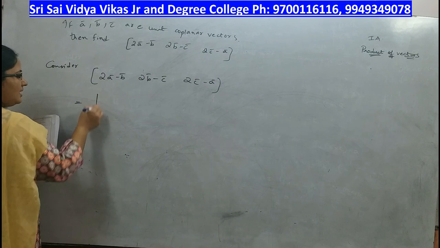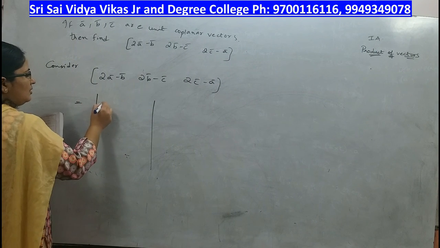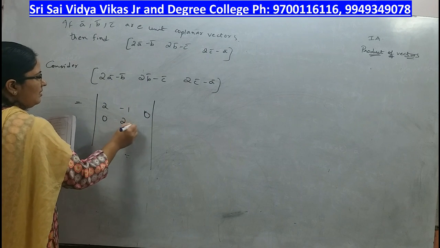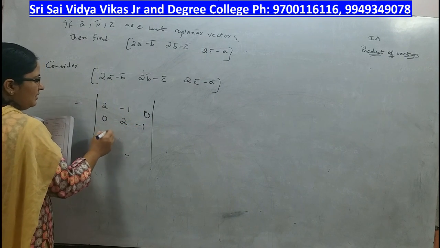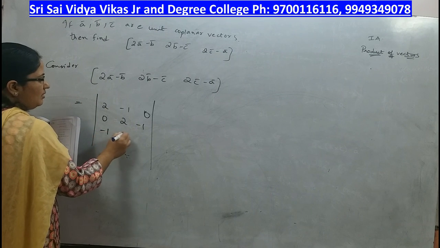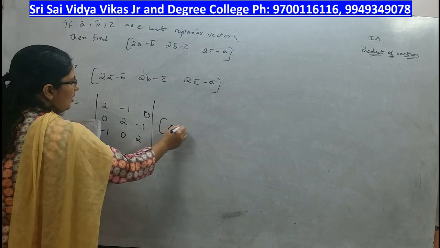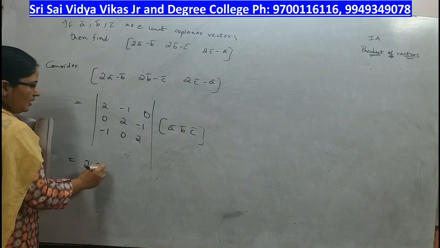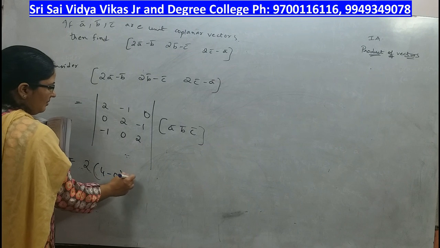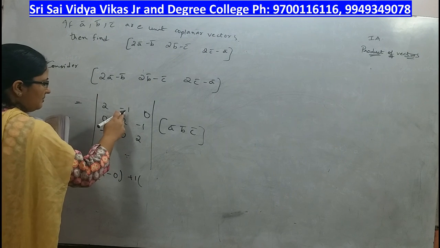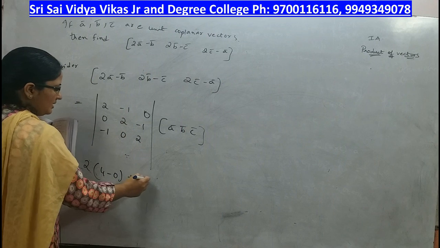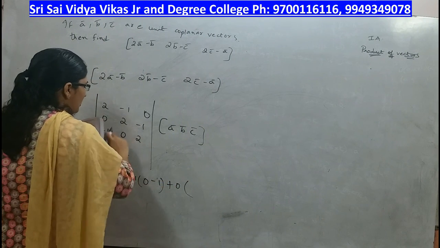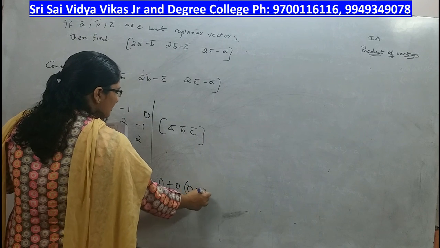So box of this is nothing but the determinant of 2 minus 1 0, 0 2 minus 1, minus 1 0 2 into box ABC. So this is nothing but 2 into 4 minus 0, plus 1 into 0 minus 1, plus 0 into 0 minus 2.